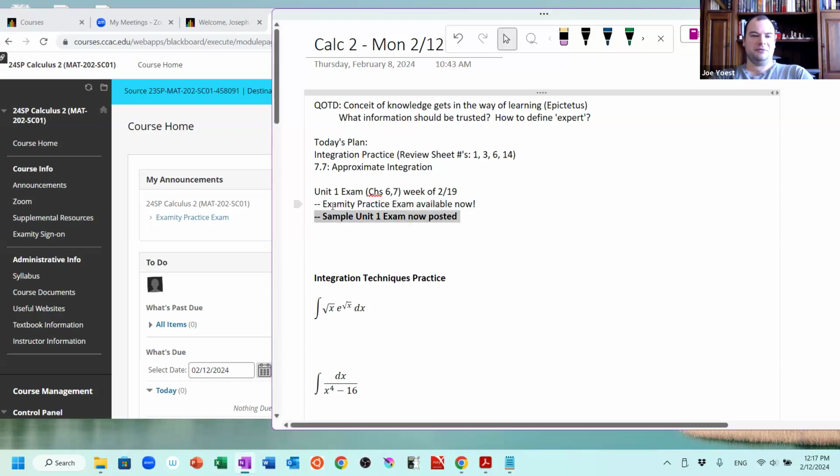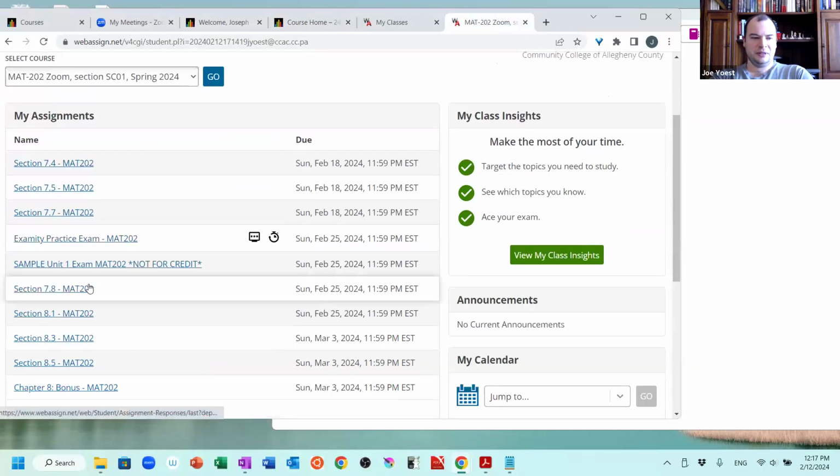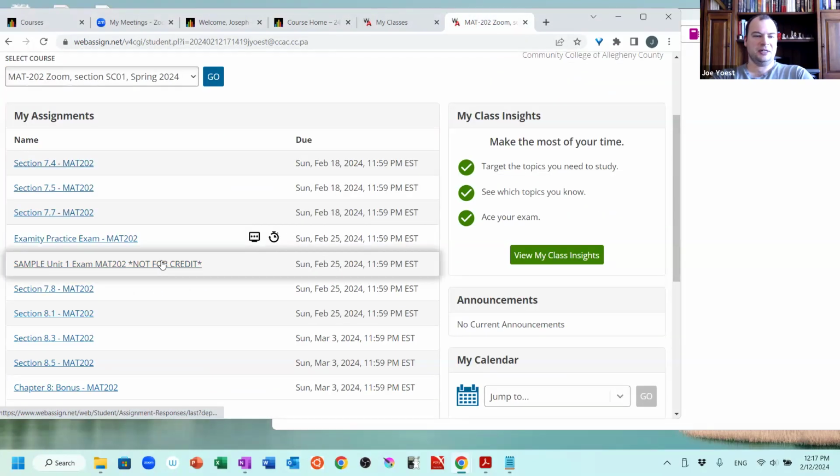Now the sample exam for Unit 1 is also posted. For this one, you do not need to go through Examity. It's not password protected, and it's not timed, because if I time it, that interferes with your ability to retake it.